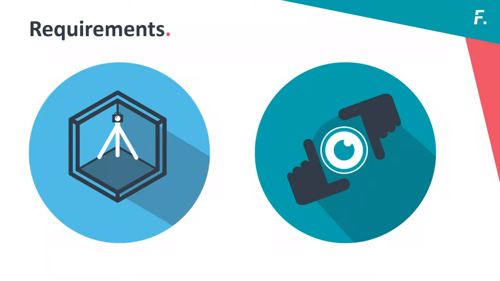Just to recap, here are two very simple rules that I would like you to take away and remember from today. The first rule is to always stand in the furthest corner of the room in order to capture all of the room. Obviously, we're using a wide angle lens, so most of the time you will be able to get the full room by standing at the corner.